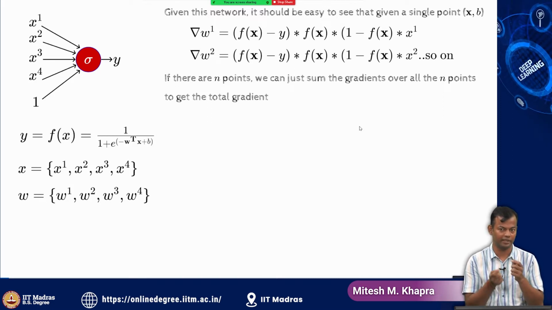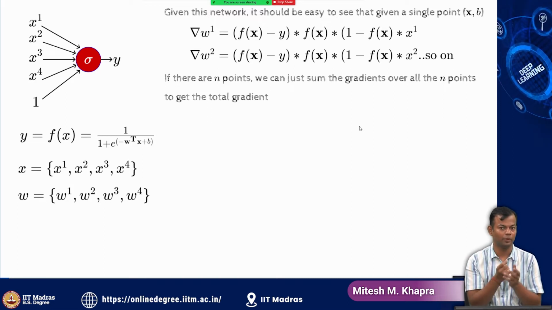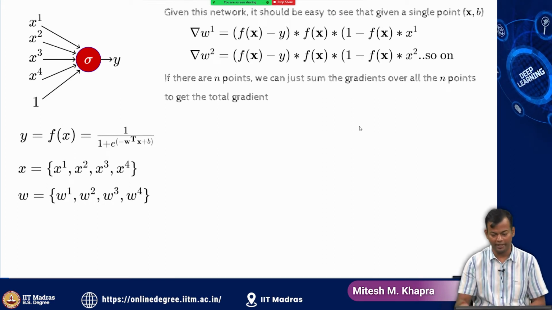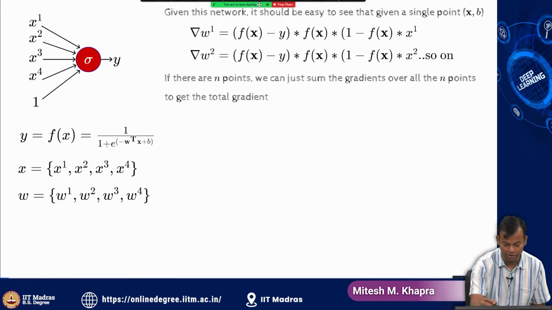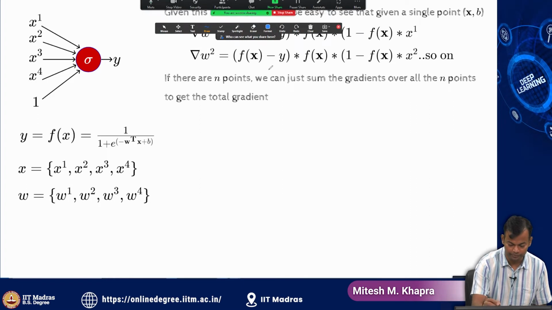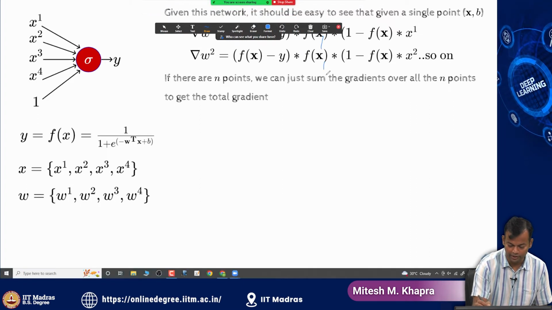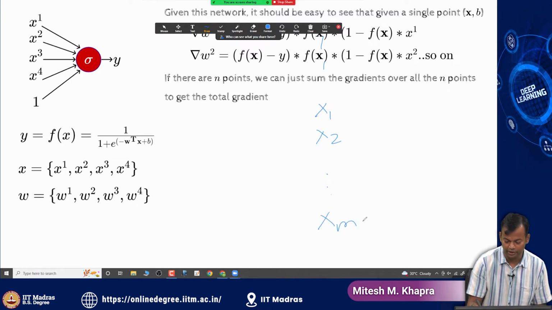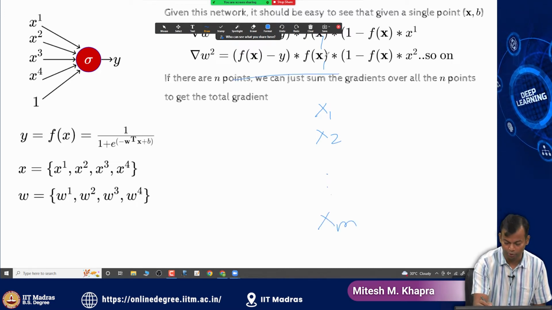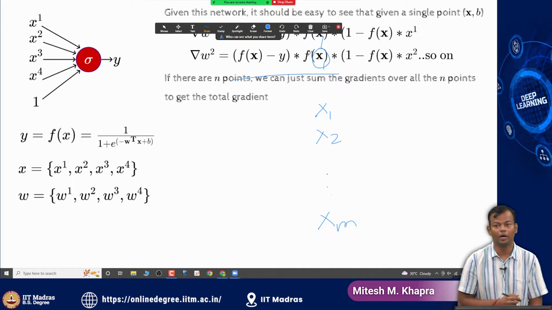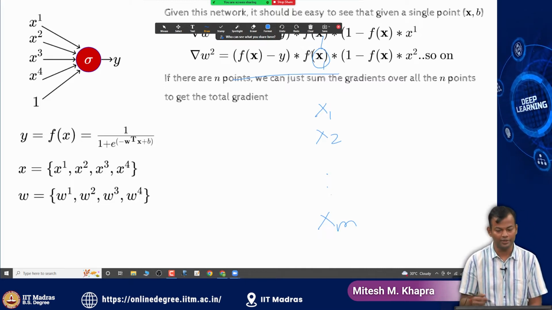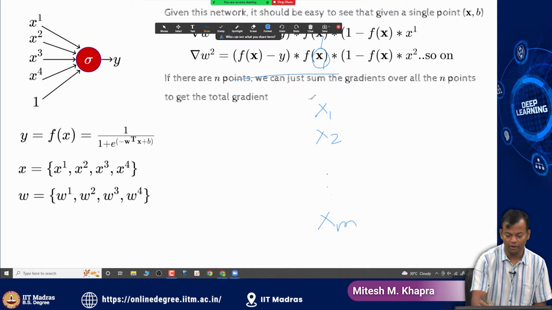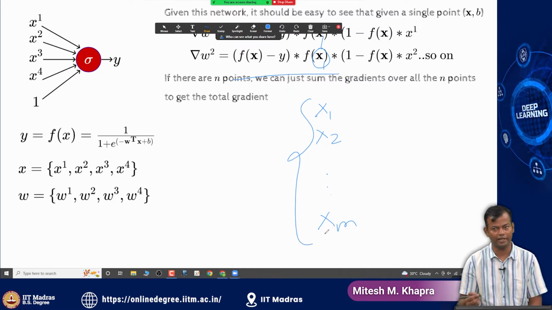So what does that mean? This was with respect to a single point where the input was x, but I could have inputs which are x1, x2, all the way up to xm, right? So here I have shown the derivative with respect to one such input. But if you have many inputs, then you will just sum the derivative across all these inputs. This we have again done before.